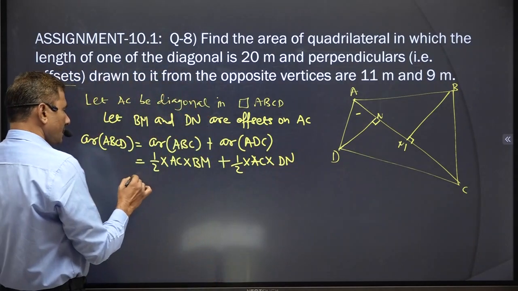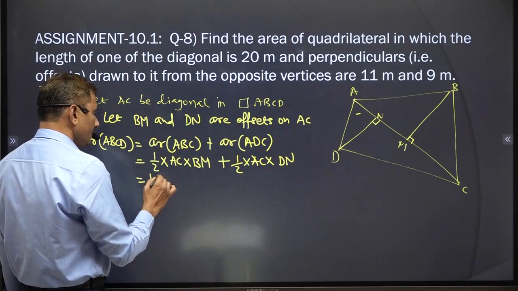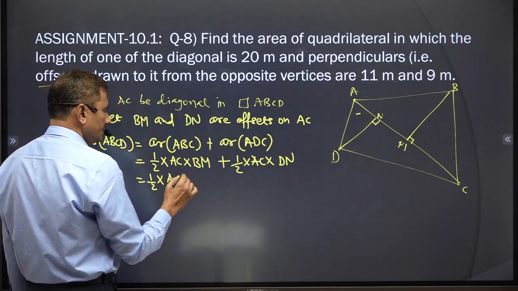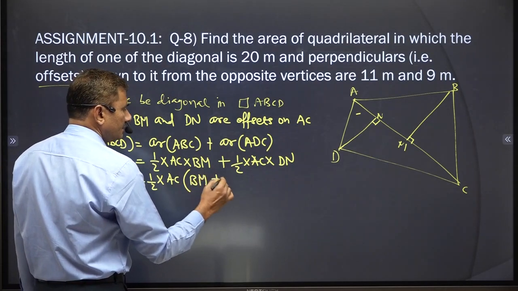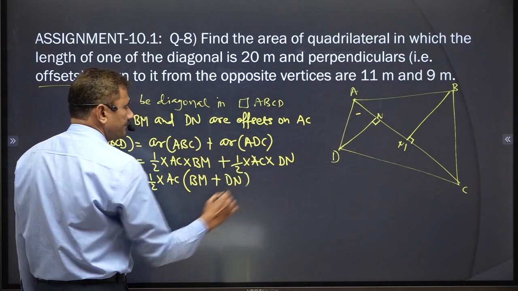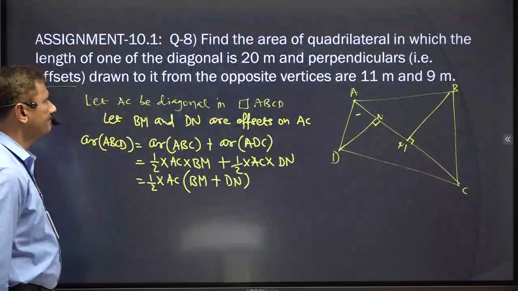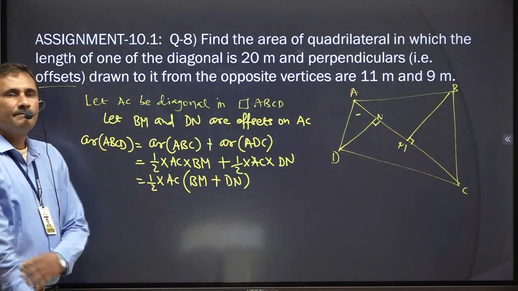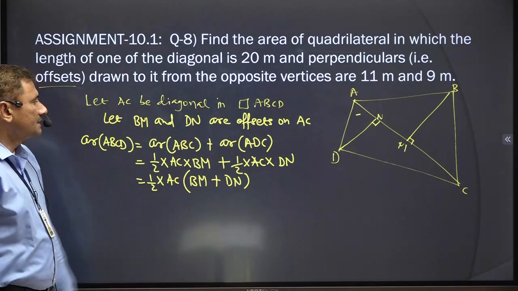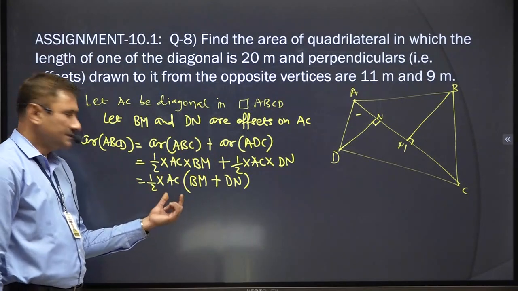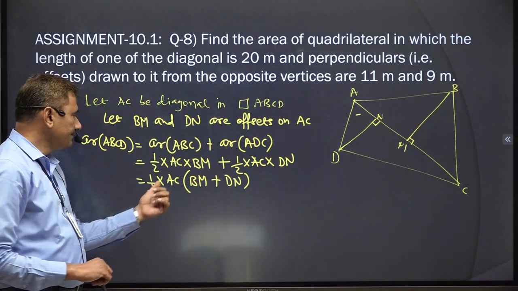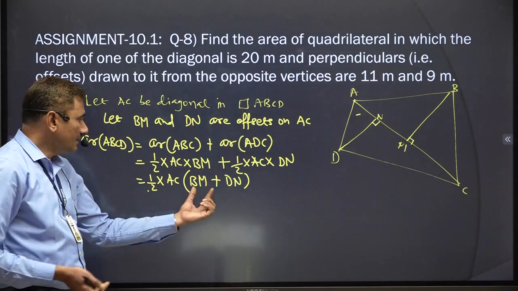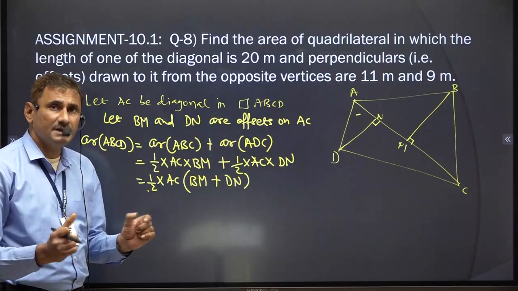If you take AC common, it will be half into AC into the bracket of BM plus DN. So in this type of case, the area of a quadrilateral is half into the diagonal into the sum of offsets.